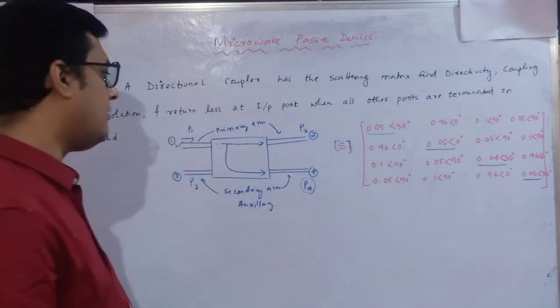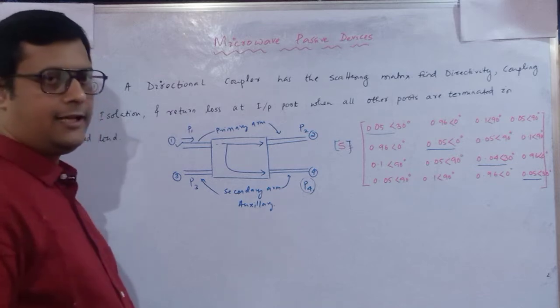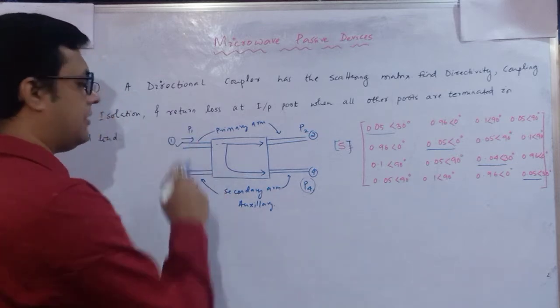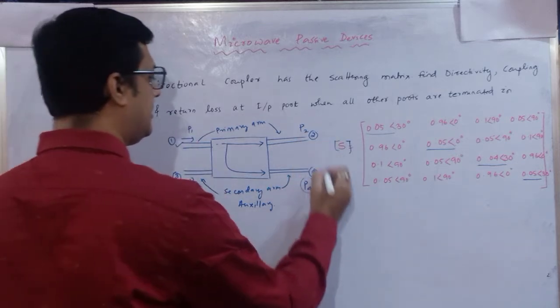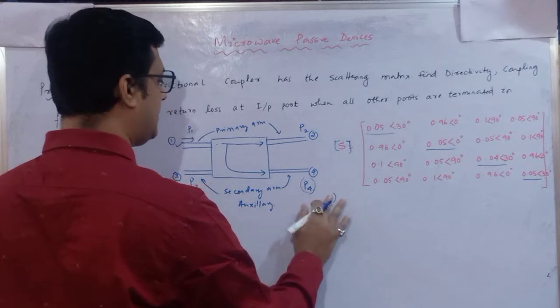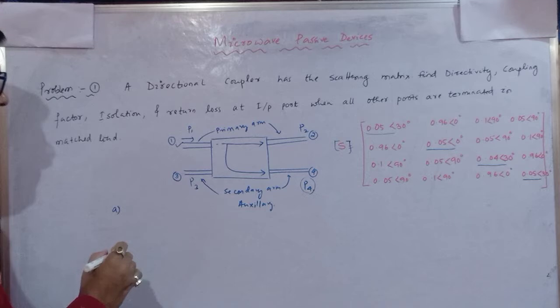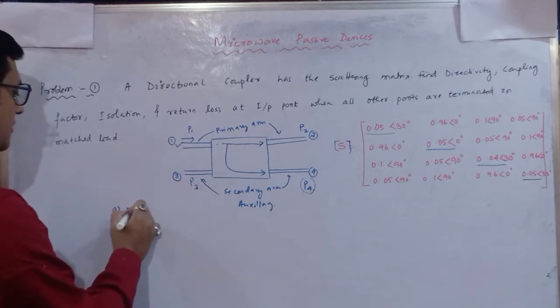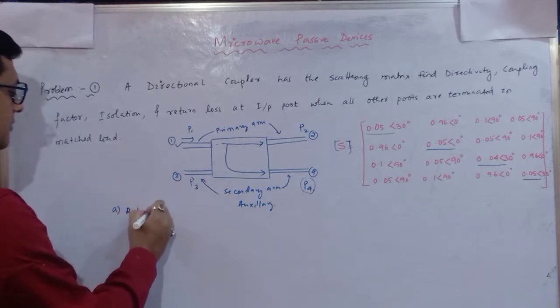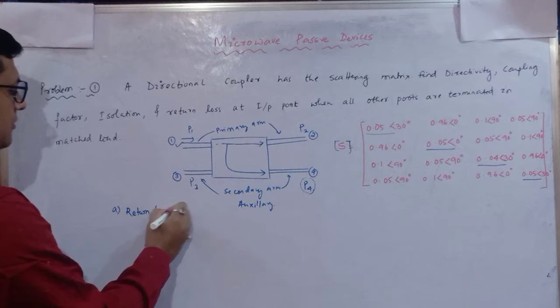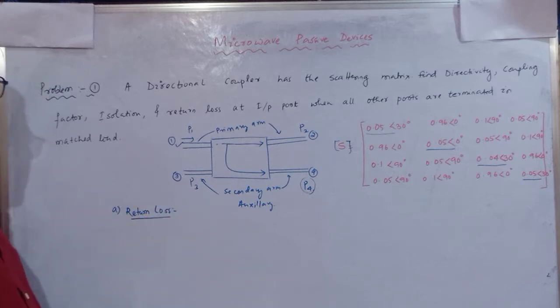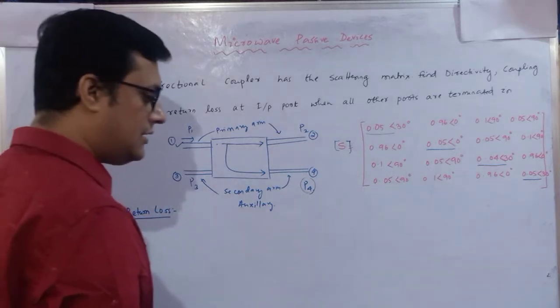Now let port 1 be excited with a power. So the return loss is what I am going to calculate first. Return loss at port 1. What is the relation?